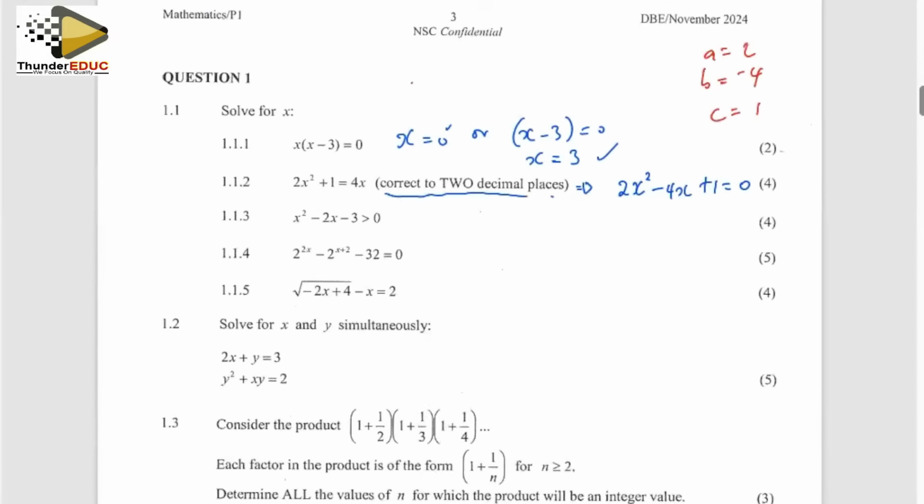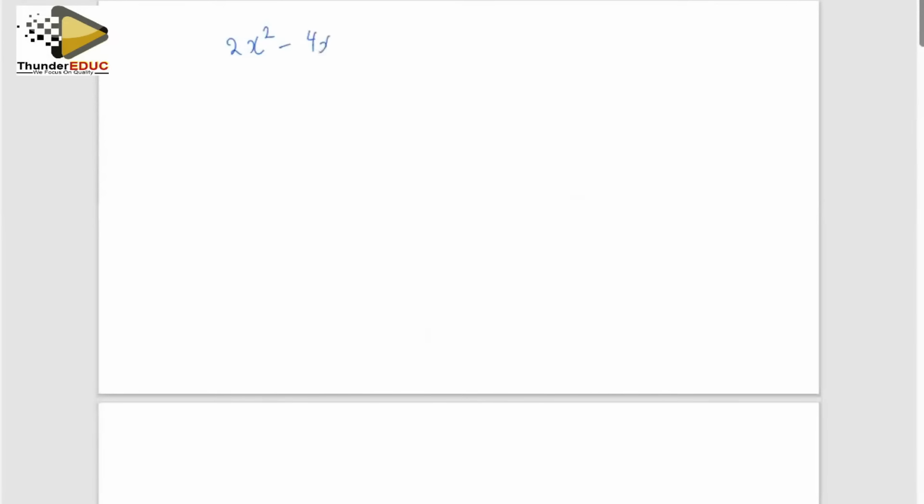Let me just put it aside. So it is 2x squared minus 4x plus 1. x is negative b plus minus the square root of b squared minus 4ac, over 2a.